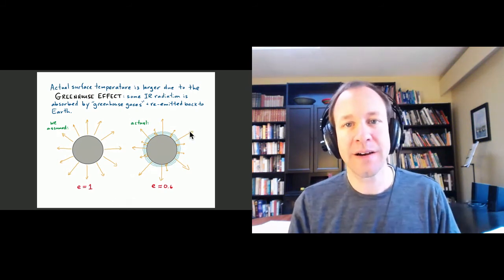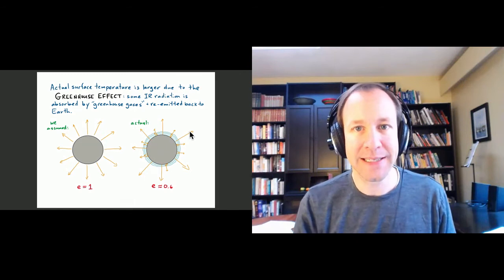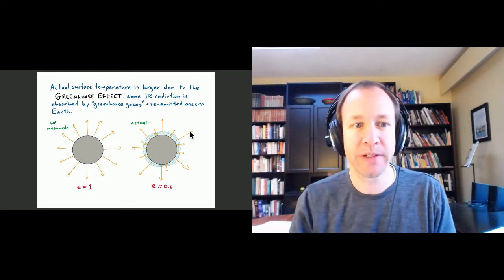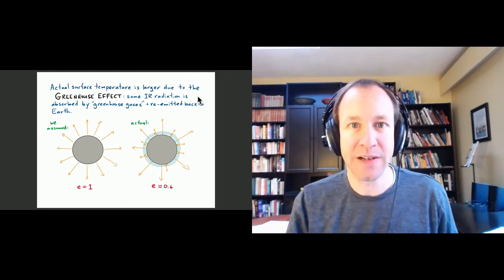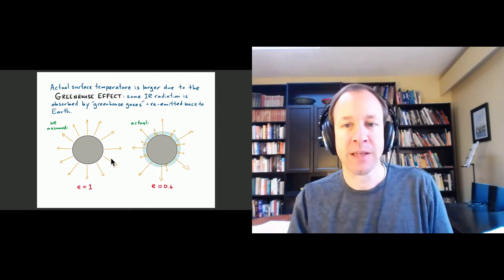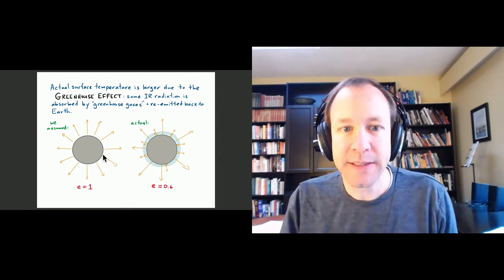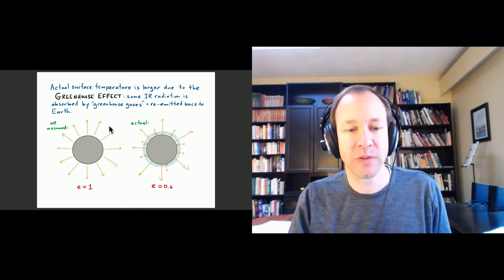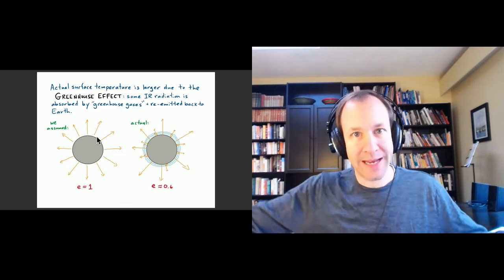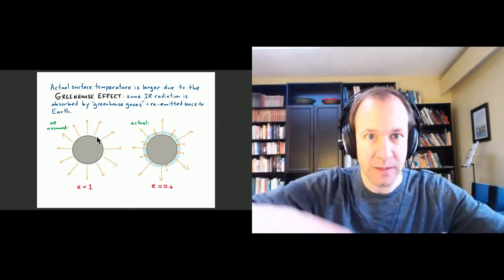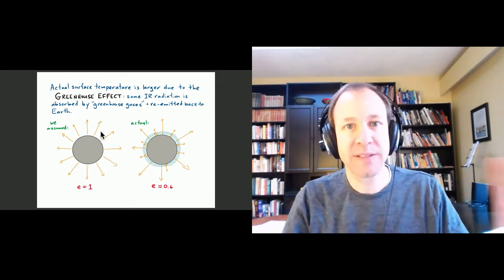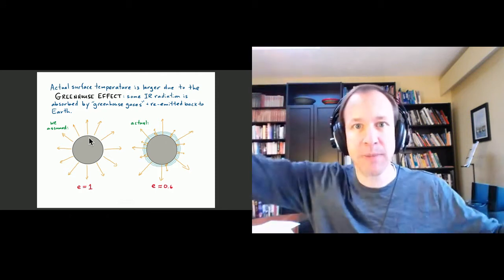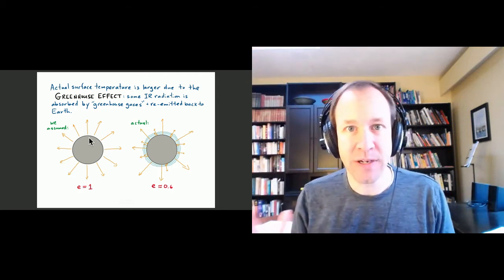So the reason why our Earth's surface temperature is not minus 18 Celsius, but instead a more pleasant positive temperature, is due to what's called the greenhouse effect that I'm sure you've heard about. So let's understand what that is. Previously, we assumed that emissivity was 1, and so that affects how much infrared radiation would be absorbed. But also, more importantly for our question, it comes into how much energy is being emitted by the Earth at the temperature of the surface.